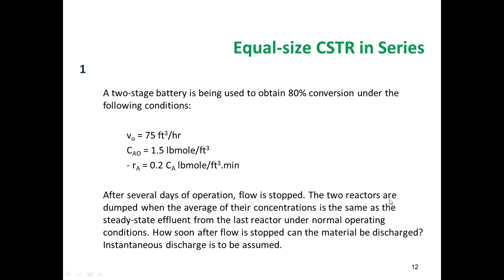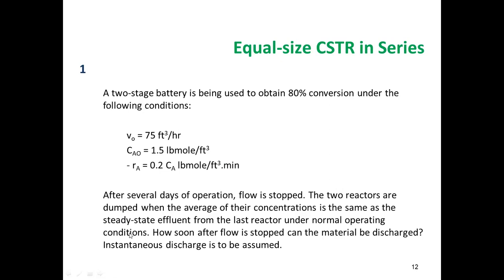So the two reactors will be dumped, meaning the operation will only be dumped when the concentrations individually on these two reactors, when averaged, are equal to the concentration at normal conditions.